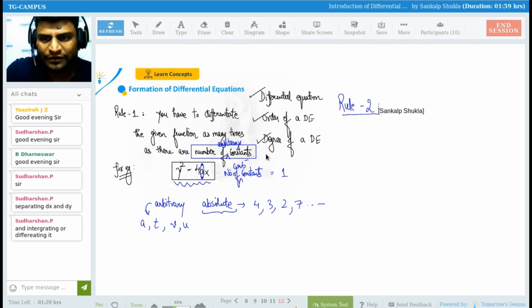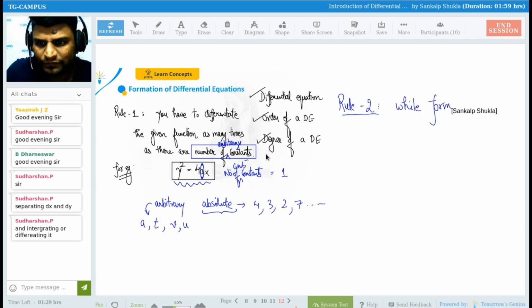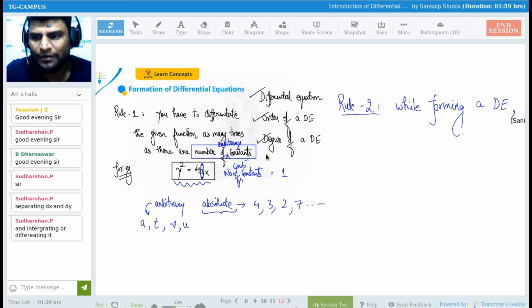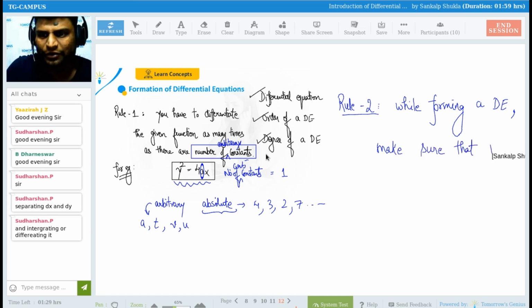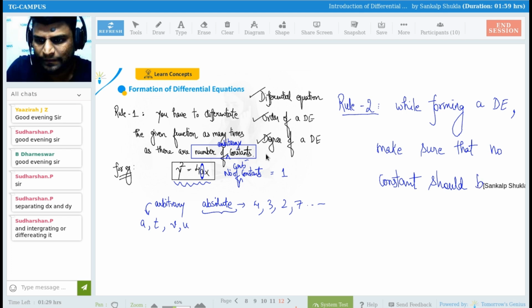Rule 2 says while forming a differential equation, make sure that no constant should be there in the equation.